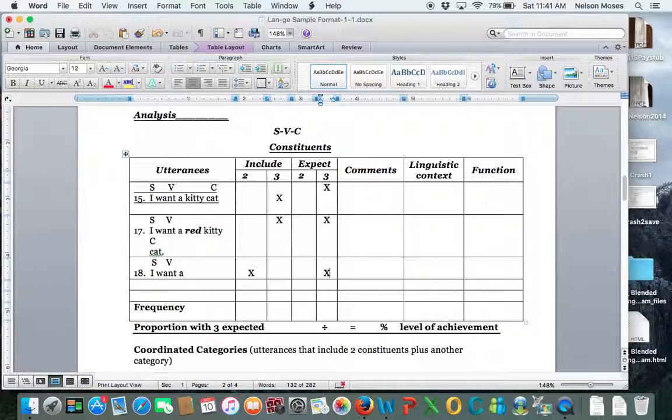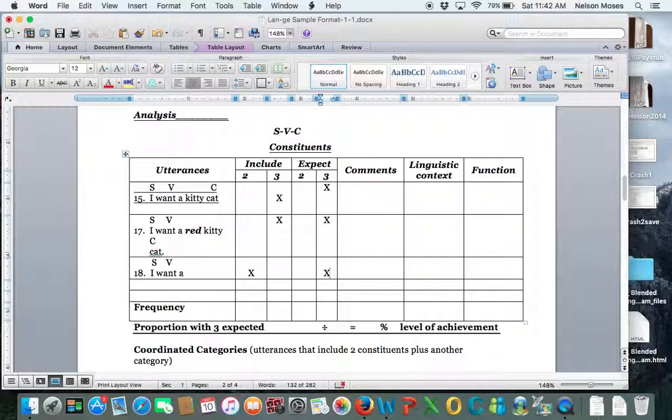Following me? That's what include and expect mean. I will explain a little later that the reason for the include and expect analysis concerns the use of the Bloom and Lahey format as a formal assessment tool in the assessment of children with a suspected language delay.